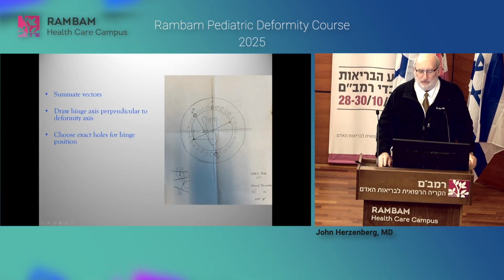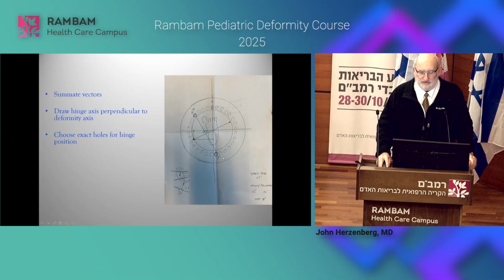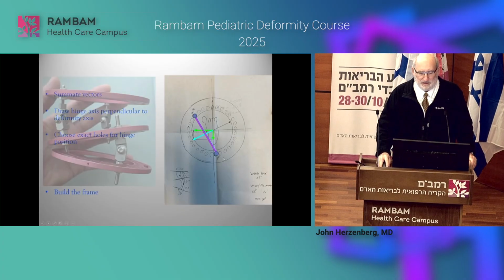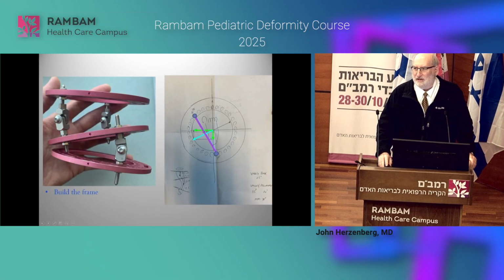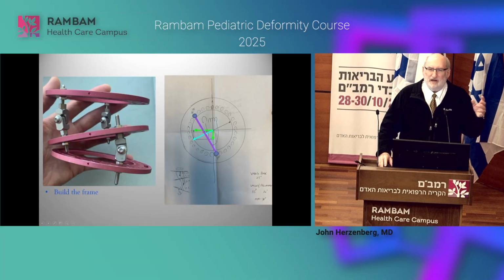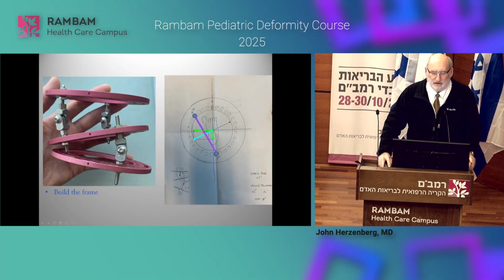We know exactly which holes to put the hinges in, and we can pre-construct a frame, literally done in the operating room, and come up with something like this. So it seems like it's complicated, but it's really pretty simple.